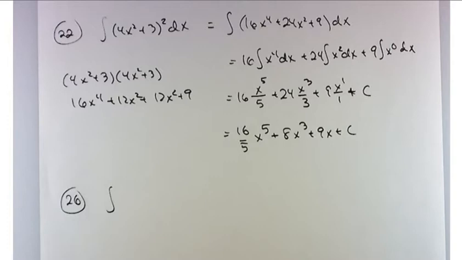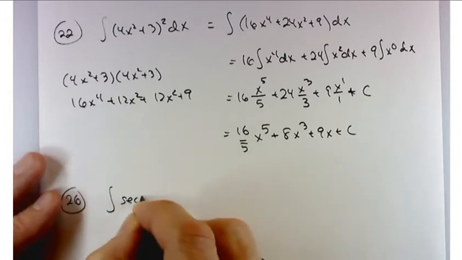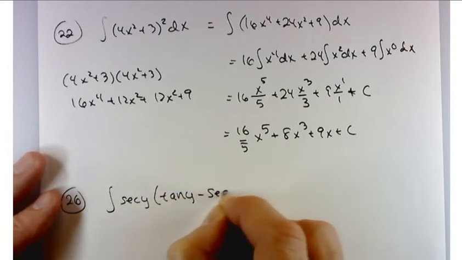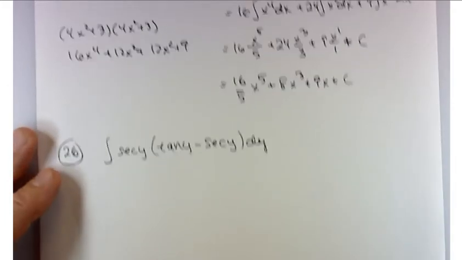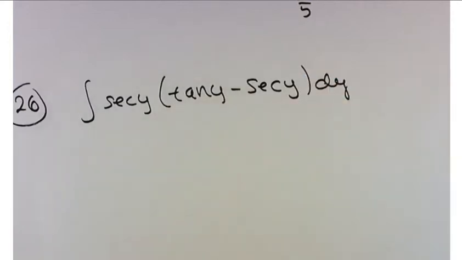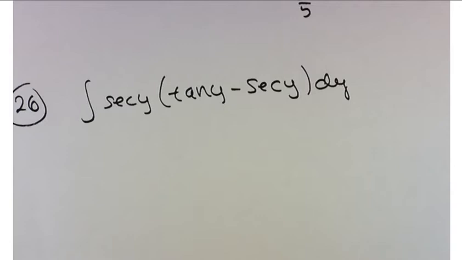The integrand is secant of y times the tangent of y minus the secant of y again. And this time our differential is dy. I do appreciate if you keep that differential around. I start getting a little uneasy if people forget that.